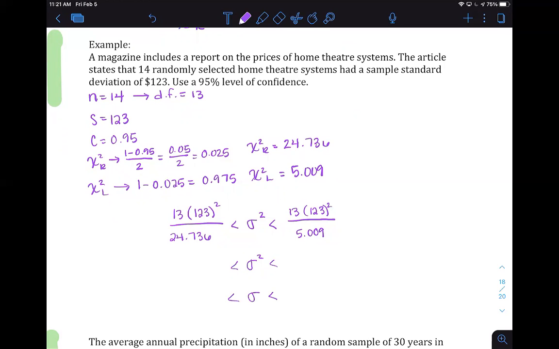And it's going to be large because you're looking at prices of home theater systems. I got 7,951.04. Good. So 7,951.04. Take the square root of that, and you get 89.17.